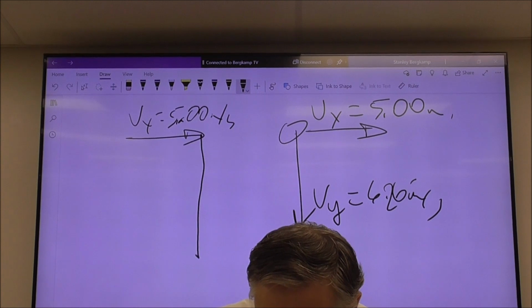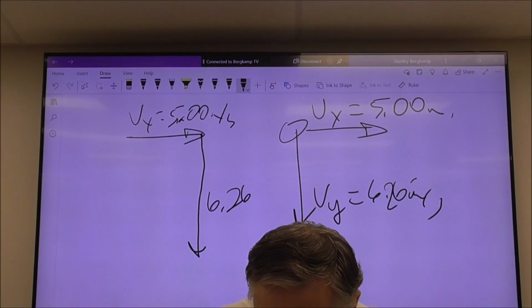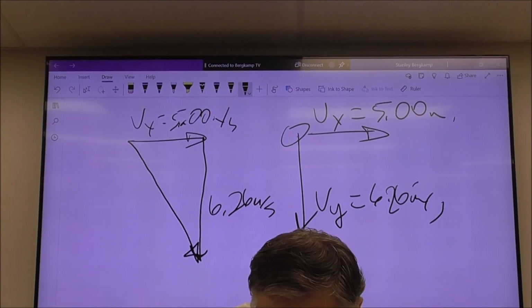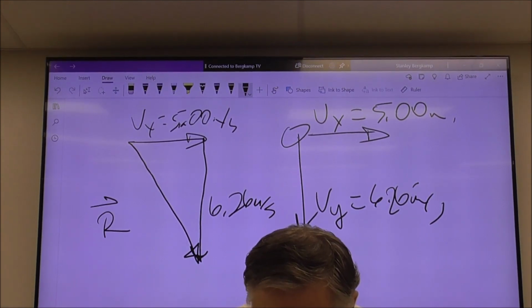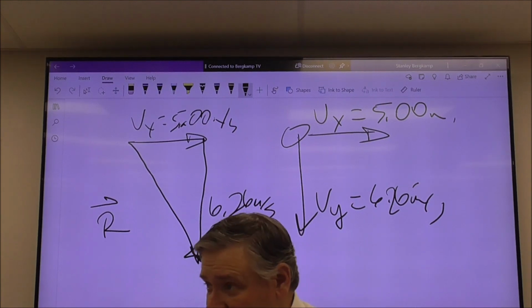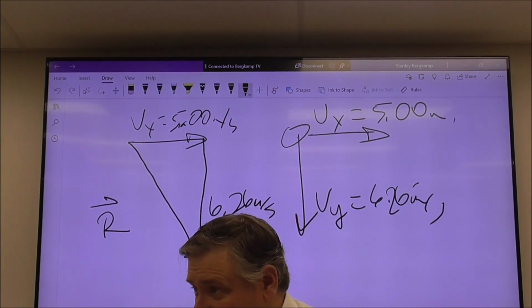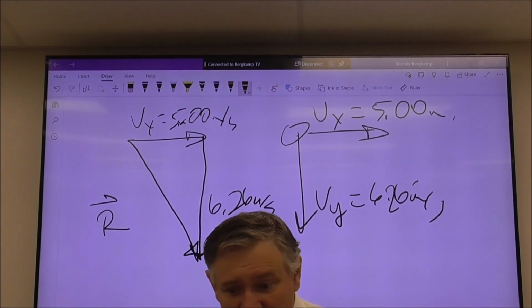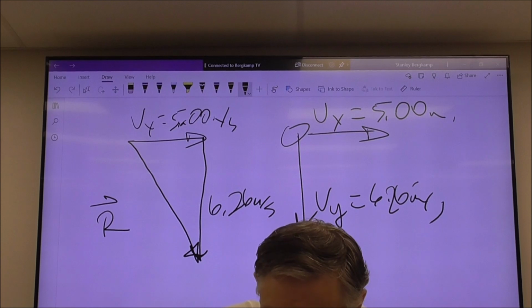So from the end of this, I'm going to draw 6.26 meters per second. And then I'm going to have that resultant. So again, this is just trig functions. It's Pythagorean theorem. Y'all have done this, okay? We're just repackaging it. 5 squared plus 6.26 squared. So somebody get me that value.